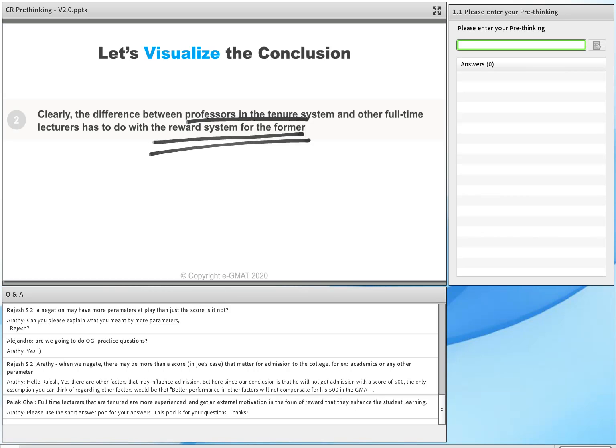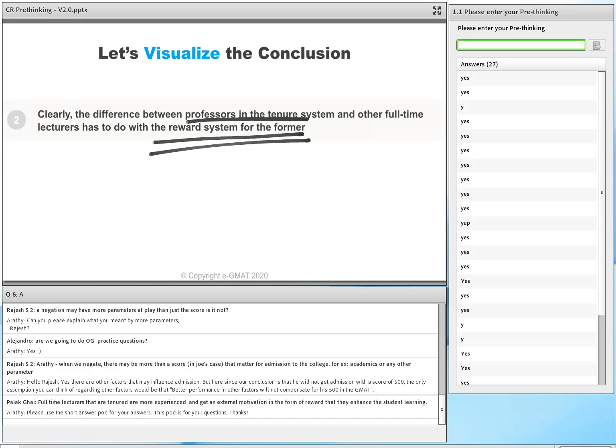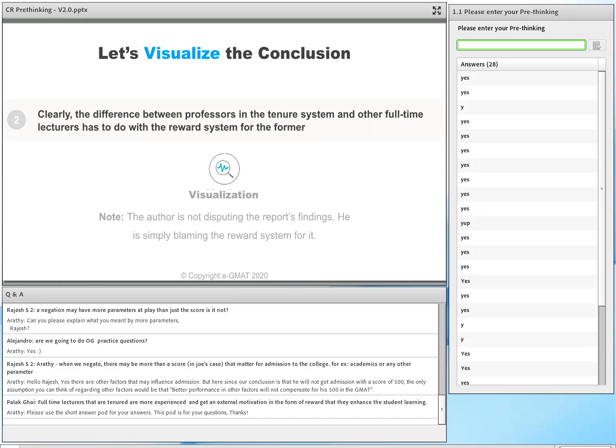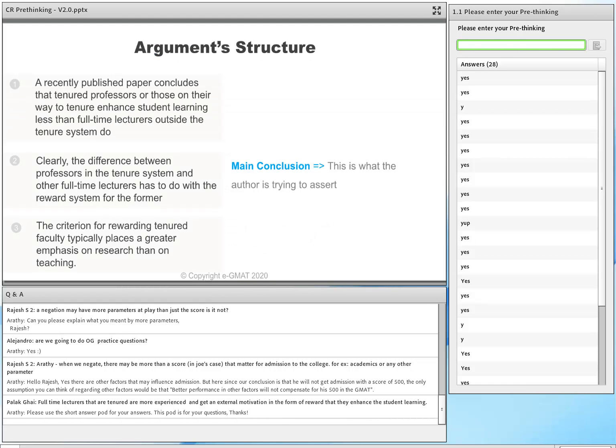Can everyone now visualize that conclusion? This is what's happening just in the conclusion. It's like, hey, the reward system seems to be what's causing the teaching impact to not be as much as that of lecturers. Again, the key thing over here is the author is not disputing the report's findings. He's just saying blame the reward system for the outcome.